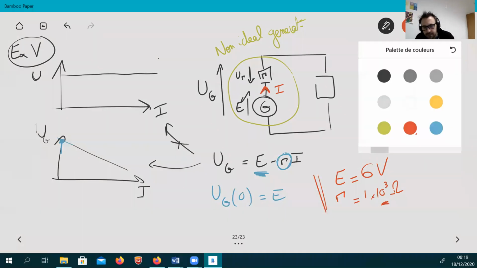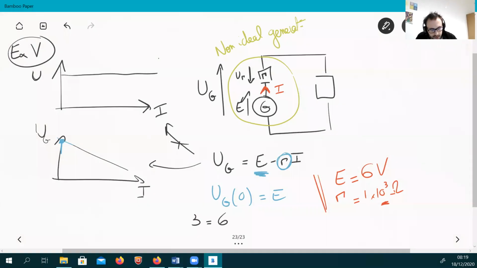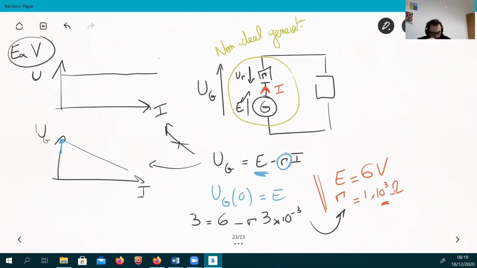And you just have to write down this. So you have 3 volt equals 6 minus r times 3 milliamp, and you end up with this small r. Okay?